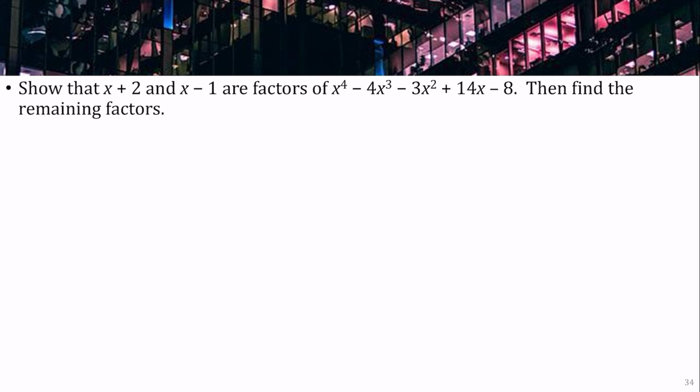Show that x plus 2 and x minus 1 are factors of this polynomial. So again, we're going to take one of the factors. It's x plus 2, so that's x minus negative 2, so we'll put negative 2 in the box. And then the coefficients of the polynomial. I have 1x to the 4th, negative 4x cubed, negative 3x squared, 14x, and negative 8.